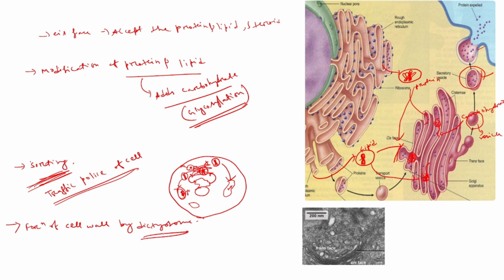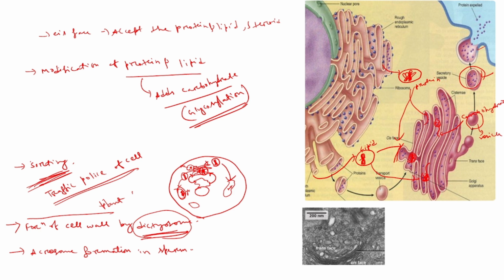In the plant, the Golgi is called the dictyosome, and the dictyosome helps in the formation of the cell wall in the plant cell. Another is that it helps in acrosome formation in sperm.